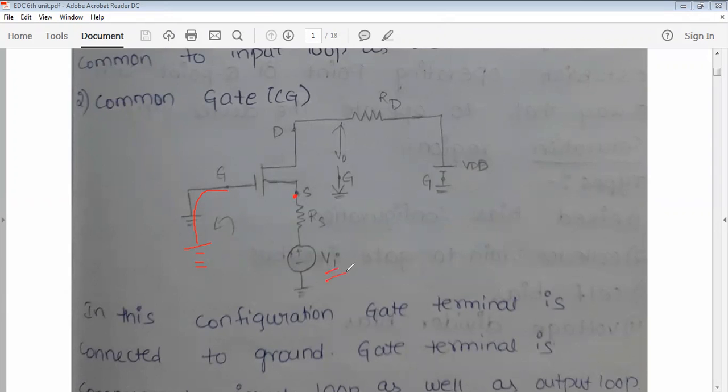The input voltage is applied between source and gate, and the output is taken at the drain with respect to ground, where ground means the gate terminal. In this case also, the gate terminal is common to the input loop as well as the output loop. So this configuration is called common gate configuration.